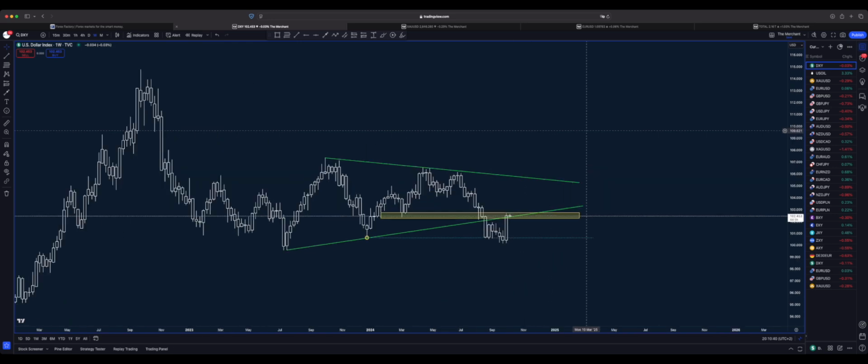Right now, guys, as you can see, price is coming to retest the back of the broken ascending trend line, and also we have this zone which is yellow, as I said, which is weekly. Right now it's kind of two confluences here, and this is on weekly time frame, so it's quite strong, and we need to see how the price is going to react here.